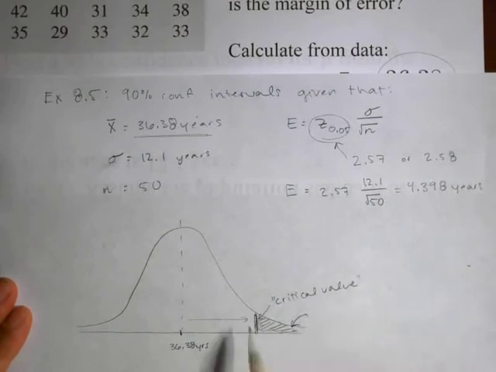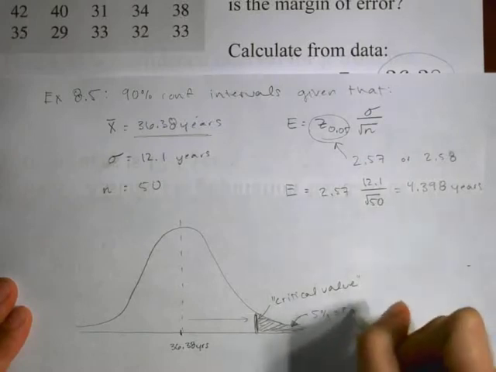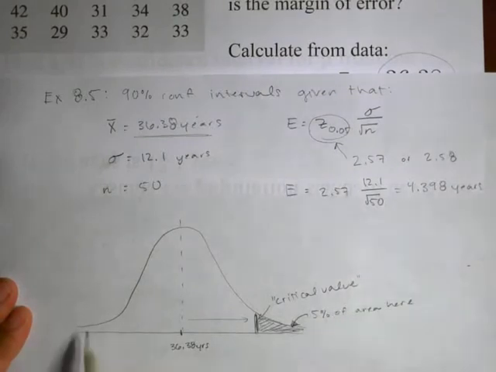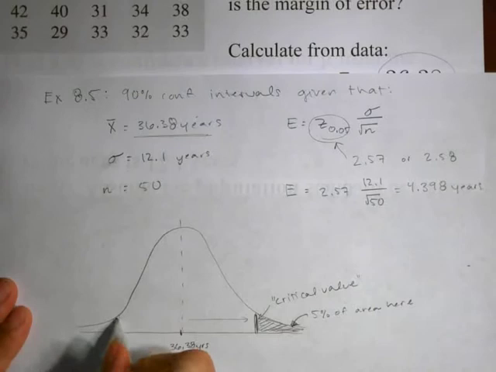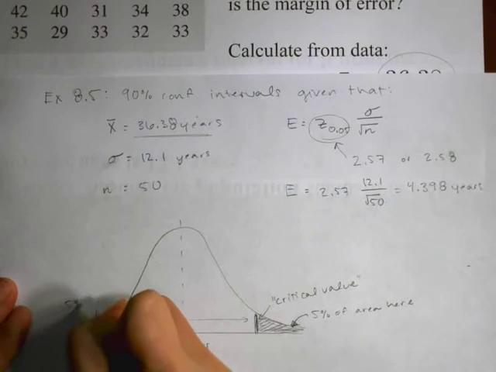And the location of this line is chosen such that 5% of the area is in this little wedge. The other 5% of the area is in this little wedge.